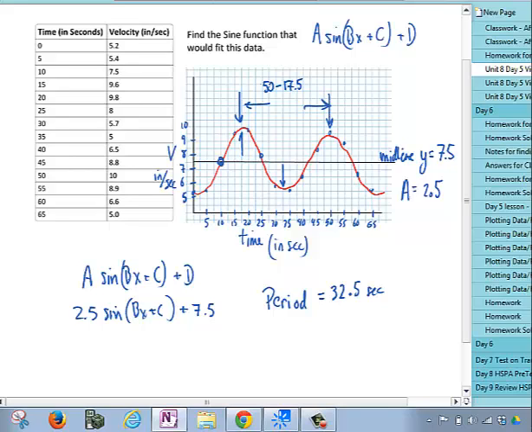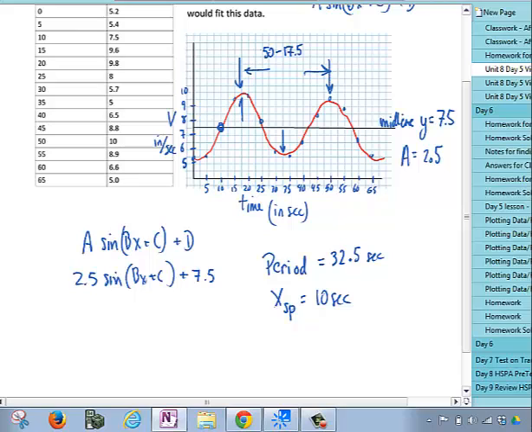Now I need to figure out what my starting point would be for my sine function. I'm just going to pick the first location where the sine function starts. So my starting point is going to be at 10 seconds. Working with my period and the starting point, I can figure out my B and C values.